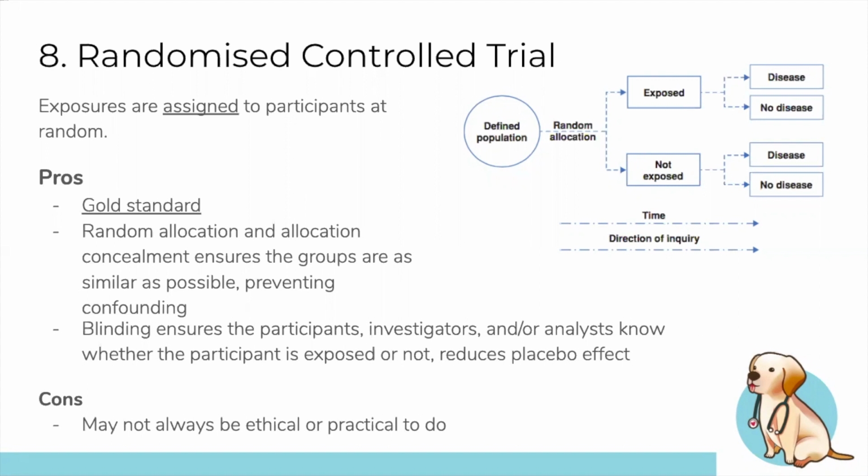And this is something else that helps you to prevent confounding. Random allocation is essentially you allocate exposure or not exposure at random. You don't know who's going to receive what. And allocation concealment, I think, is where the participant doesn't know whether they've received the exposure or not, and that also prevents it from being a placebo effect.